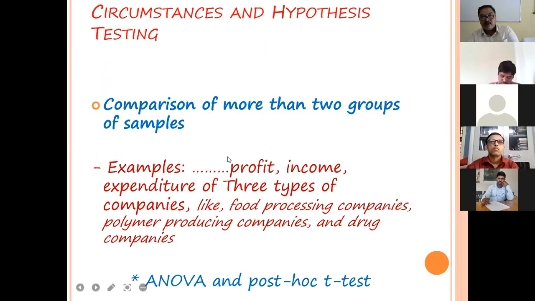The next circumstance is when you have more than two groups. How do you conduct the test?